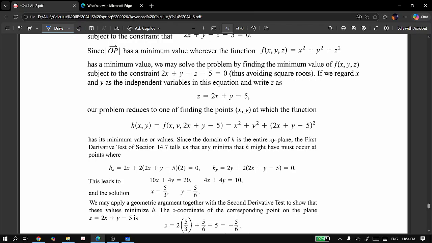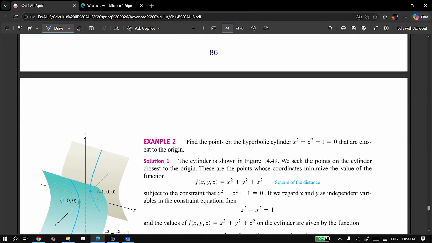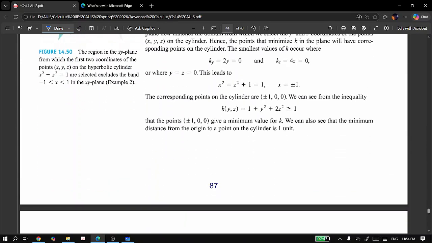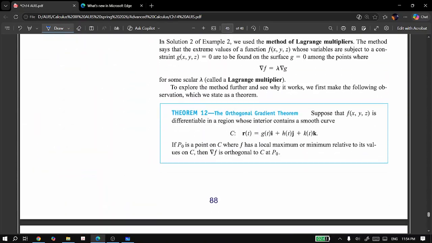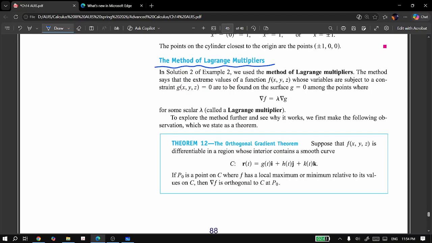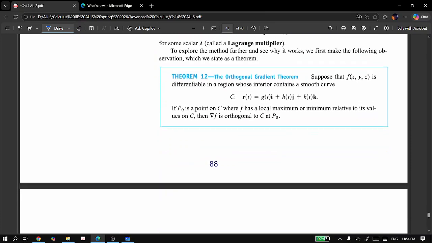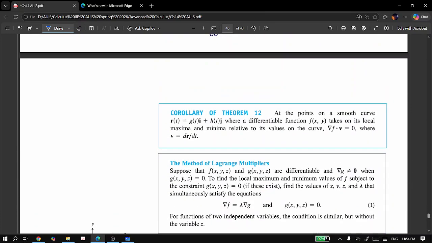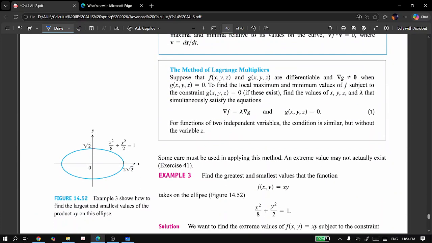So I'm directly jumping to the idea of Lagrange multipliers, the method of Lagrange multipliers. And for example 1, I'm directly using that method instead of studying that method that is given there for the first two examples, and they are not good for every example.